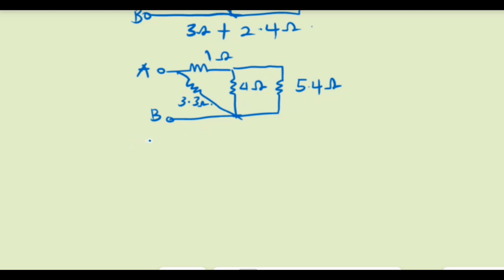So let's solve our parallel combination. So 4 ohm is parallel to 5.4 ohm, so we are going to get 4 times 5.4 over 4 plus 5.4.